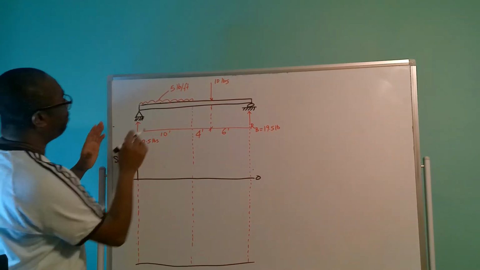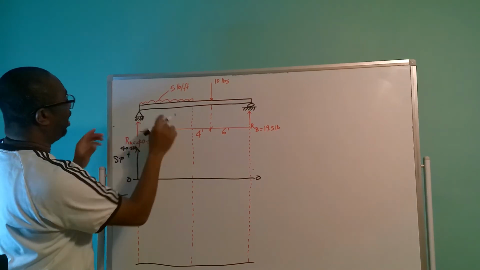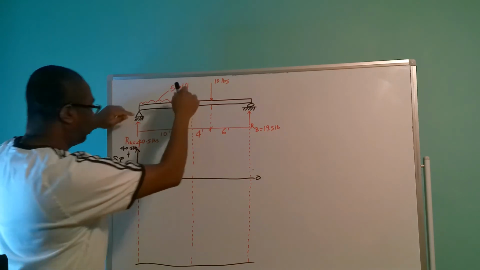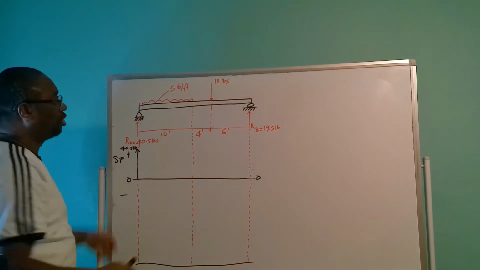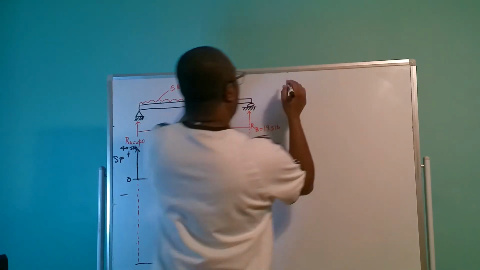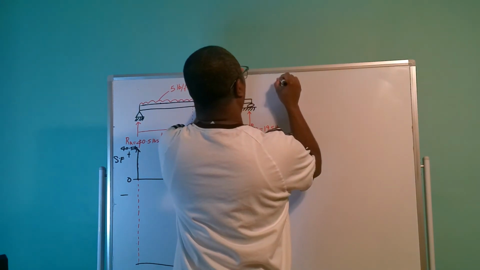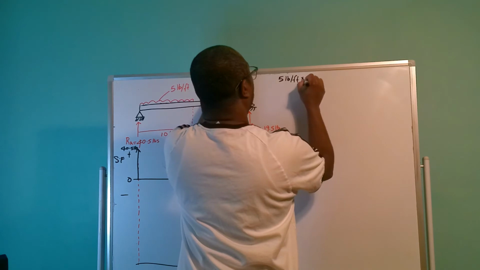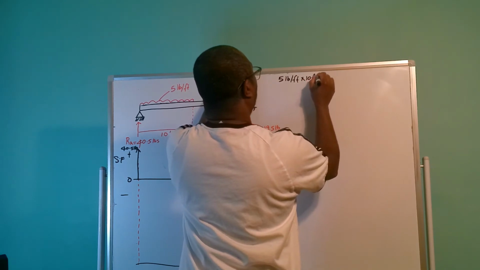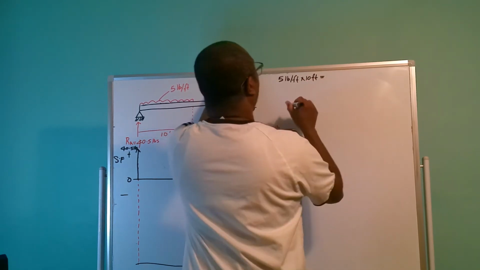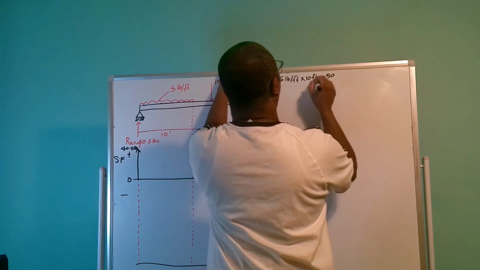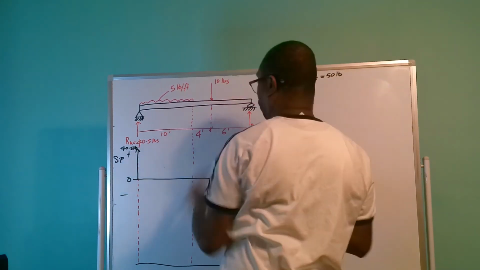And then now we have to calculate the load in between this 10 feet here that is pushing the beam down. So to calculate that load, as we did already, was 5 pounds per foot times 10 feet, that is 50 pounds, right?